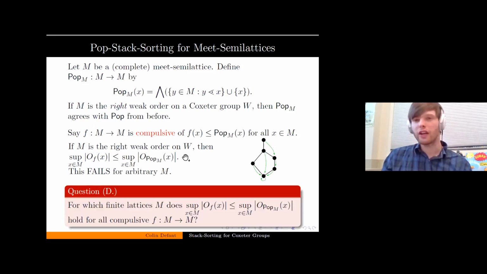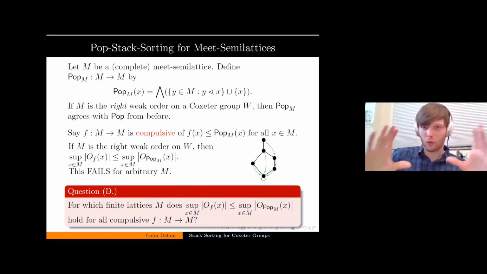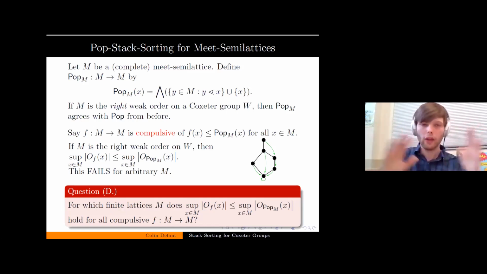And I think it would be interesting to understand what are the finite lattices where this actually holds? I haven't really thought about this, so I don't know how hard it is. It could be very hard, maybe not, I don't know. I'm only focusing on finite lattices in this question, just for simplicity. What are the finite lattices such that this inequality holds for every compulsive map f?